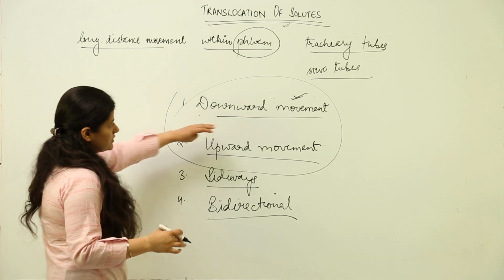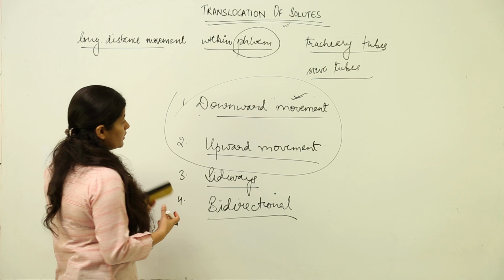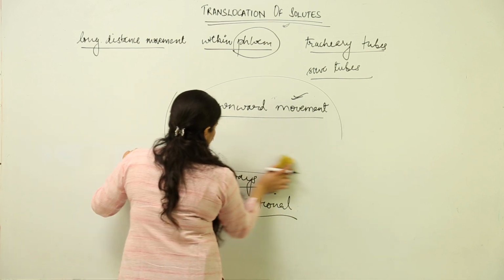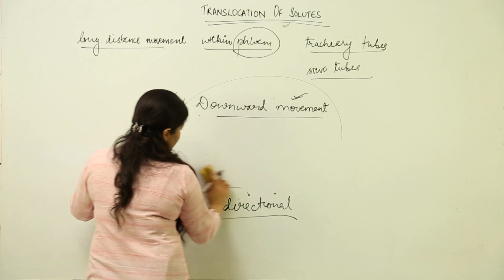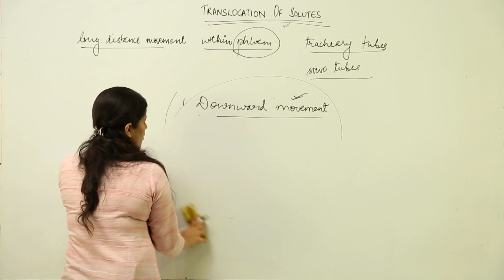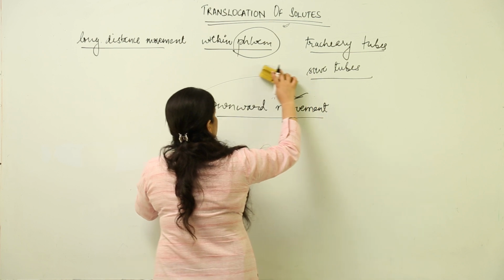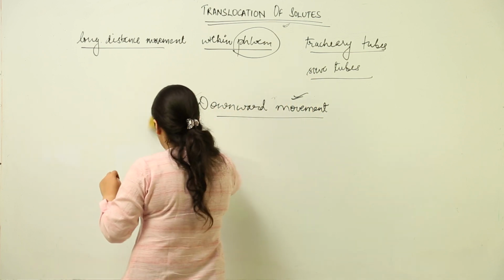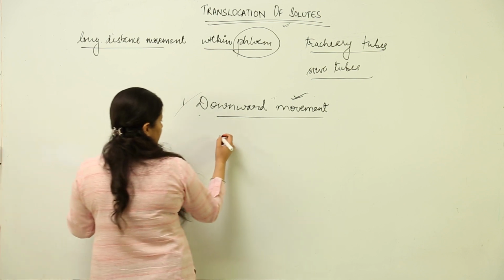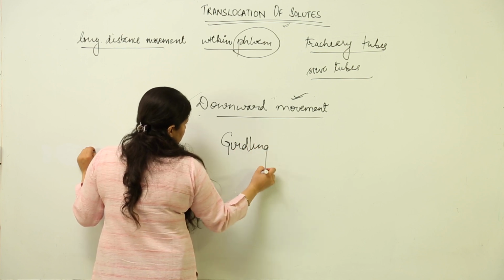Now, as I told you, this is the primary one. So we have certain evidences in favor of this downward movement, where it has been proposed very easily using experiments that it is the phloem which is responsible for conduction of the solutes downwards in the plant. This downward movement was proven experimentally by the ringing or girdling experiment.